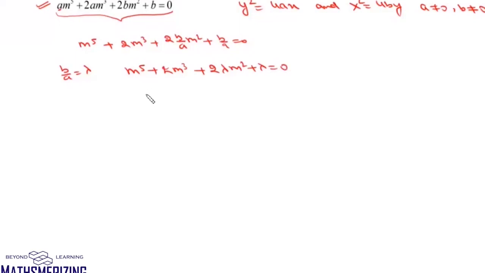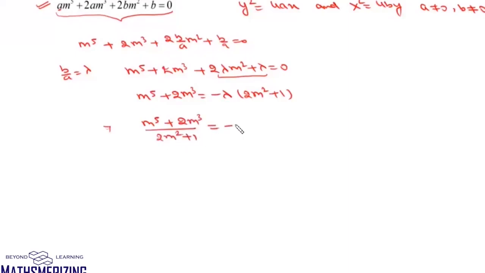So I can write this equation as m to the power 5 plus 2m cube, and then I'll take everything on the right hand side. I'll write minus lambda times 2m square plus 1. So we can rewrite this equation as m to the power 5 plus 2m cube upon 2m square plus 1 equals minus lambda.